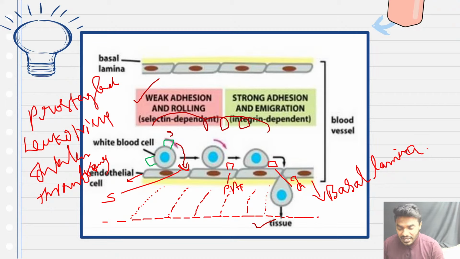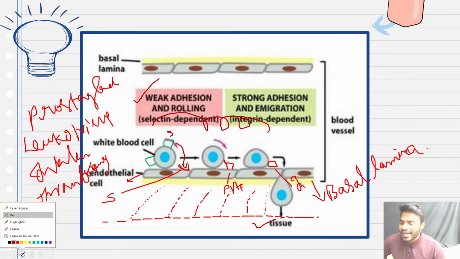Yes or no? Of course yes. Now all the students, listen to my statements very carefully, friends. Whenever it is rolling, I want you to listen. The WBC associates with the platelet activated factor. The moment the WBC associates with the platelet activated factor, immediately what happened?